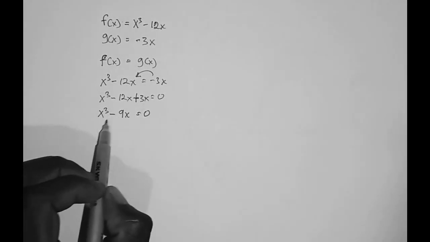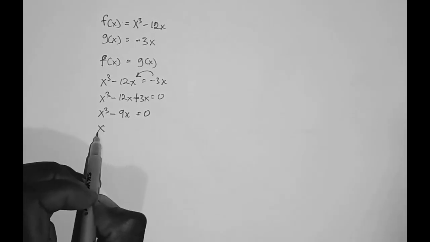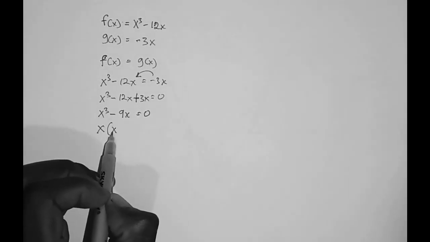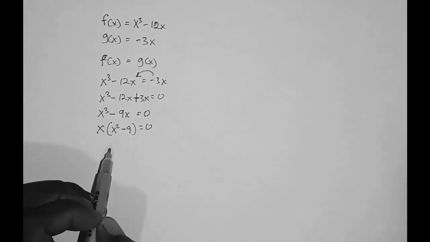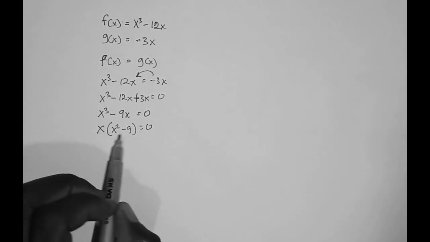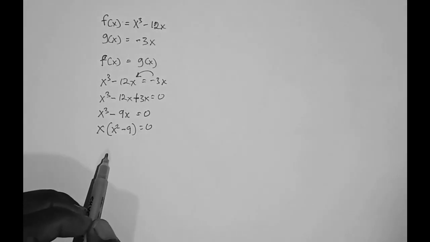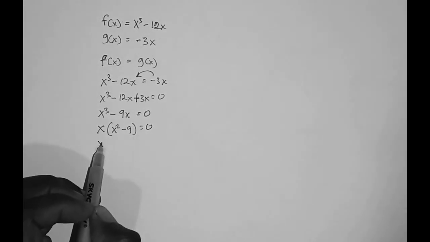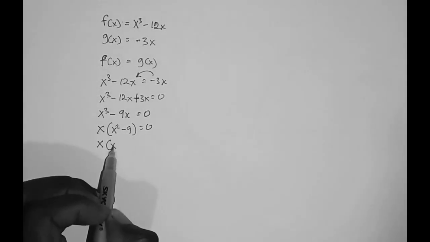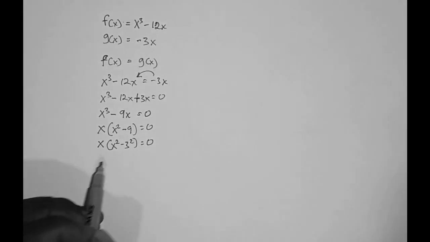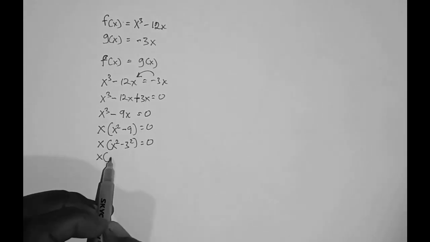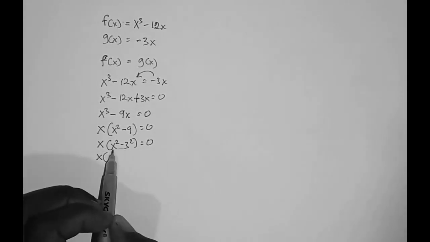So let me factorize x out. If I factorize x out, we'll be left with x squared minus 9 is equal to 0. Then this 9, I can write it as 3 squared. So we have x times x squared minus 3 squared is equal to 0. So this is a difference of two squares.